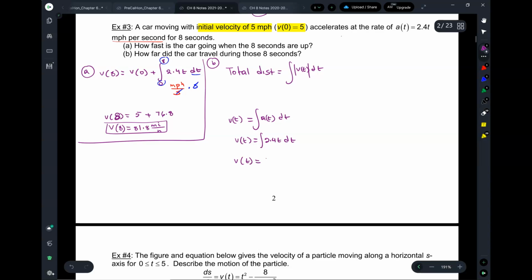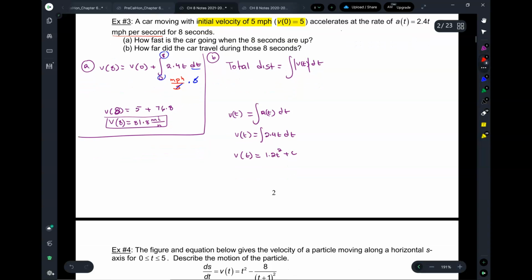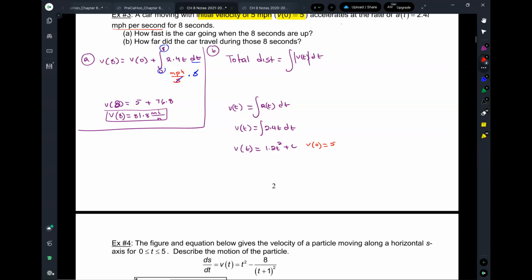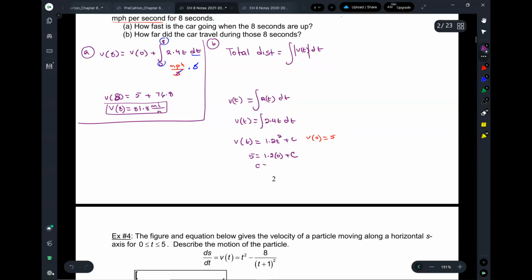When I take the integral of this, I get 1.2 t squared plus c. Now I need an initial condition. If only I had an initial condition. Oh my God, I do have an initial condition. I'm told v of 0 is equal to 5. So when t is 0, velocity is 5, meaning 5 is equal to 1.2 times 0 plus c. So c is 5.